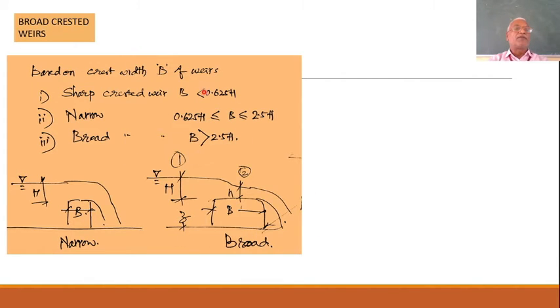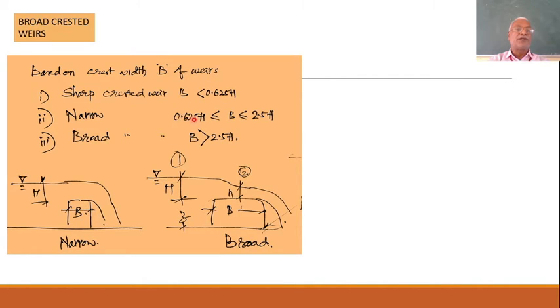Anyway, from this what we can conclude is, if it is a sharp-crested weir, B has to be less than 0.625 H. You have to show this diagram. What you mean by B and what you mean by H has to be shown in pictorial form, so that B is the width of the weir wall, and H is the head over the crest, and there is a sheet of water flowing, and we are comparing B with H. If B is less than 0.625 H, then it is sharp crested.